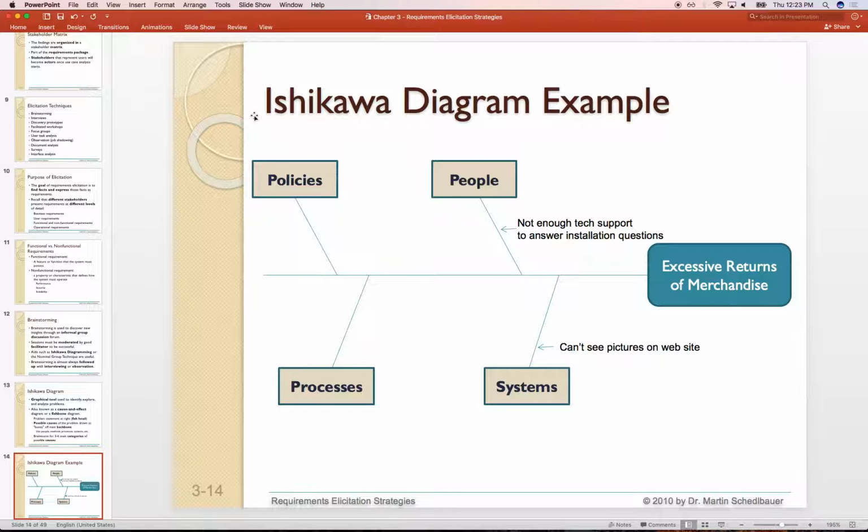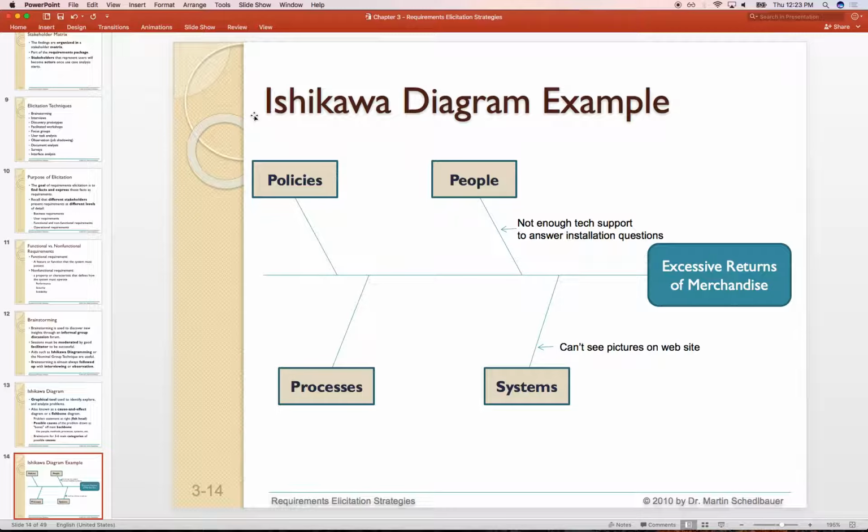It's the policies, and you might list multiple policies and multiple processes, and different folks that have impact on that, right? And you generalize those categories to try to identify where these pain points come from. So this would be a pain point, right? Or something's positive as well, right? And you try to identify and classify those issues.